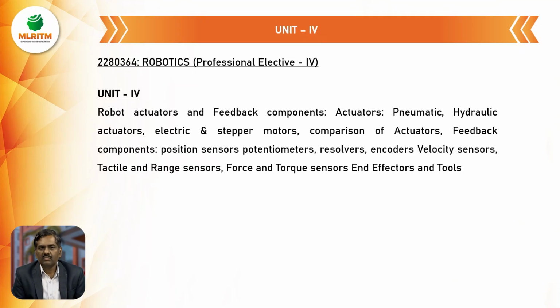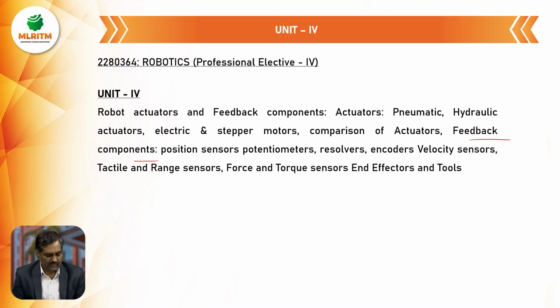We will discuss actuators like pneumatic, hydraulic, electric and stepper motors, and a comparison of these actuators, feedback and components: position sensors, potentiometers, resolvers, encoders, velocity sensors, tactile and range sensors, force and torque sensors, and end effector tools.